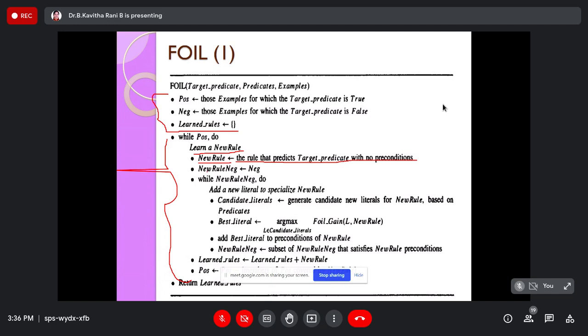To eliminate the negative instances, for the new rule, if negatives are covered, you have to eliminate them. By creating that rule, you will be eliminating the negative instances. Add a new literal to specialize the new rule. What is a literal? A literal is nothing but a particular attribute.